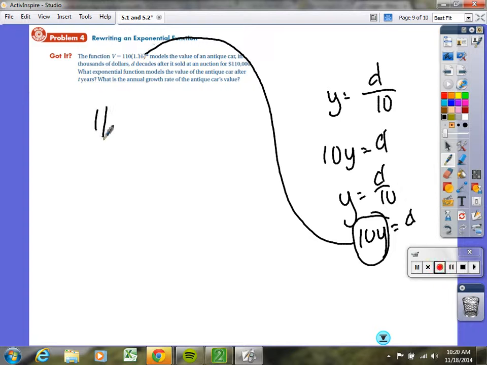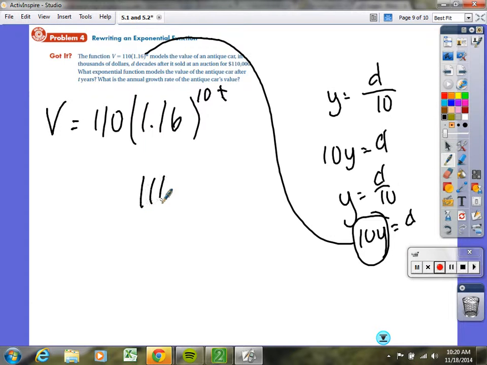So then now I'm at 110, parentheses 1.16 raised to the 10y, correct? Not 10y, 10t. We're going to call it t instead of time. T is time. Is that okay for everybody? And that is your value. Okay, but I don't want anything but a t here. I just want to plug in t. That's it. Can anybody tell me how I could do that without having that 10 in here?